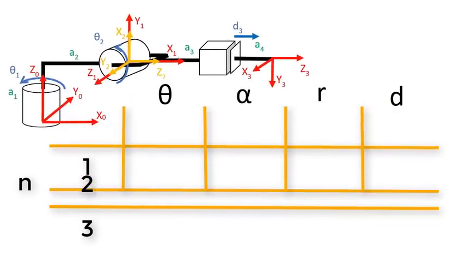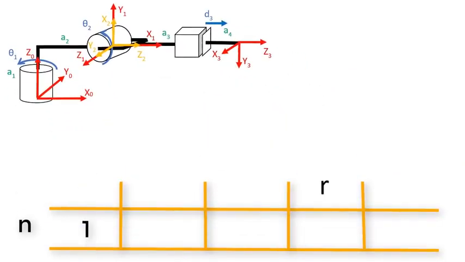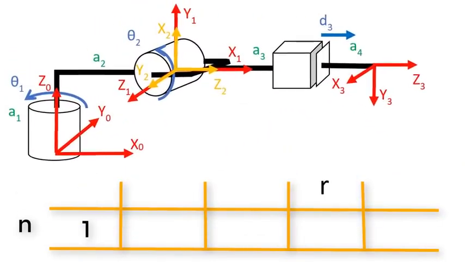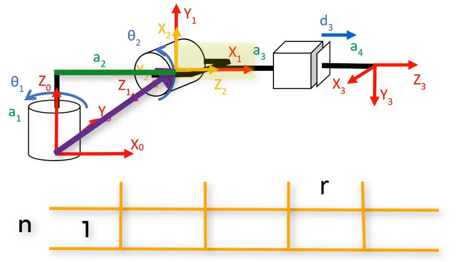The displacement from the center of frame 0 to the center of frame 1 is this vector shown here. I want to write the component of this vector that is only in the x1 direction. The component of this vector that is in the x1 direction, which is pointing to the right, is the link length A2. So I'll write A2 here in the table.